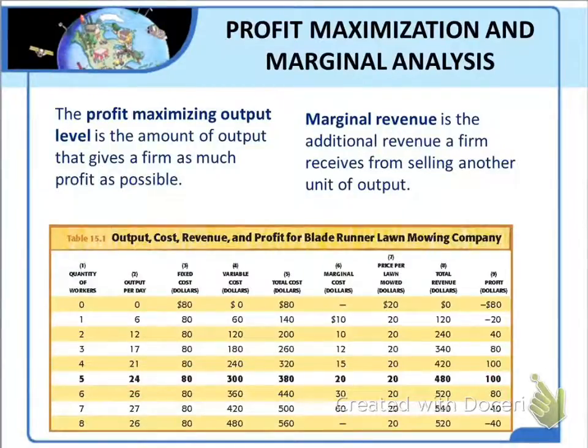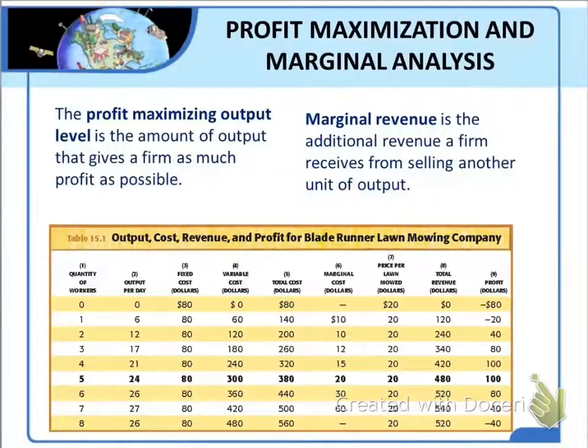Now, in a previous chapter, you learned that individuals can make good decisions by taking actions that provide a marginal benefit that exceeds the marginal cost. The same type of marginal analysis guides firms to their profit maximizing output level. Because profit is measured in dollars, so is the marginal benefit of producing and selling more output.